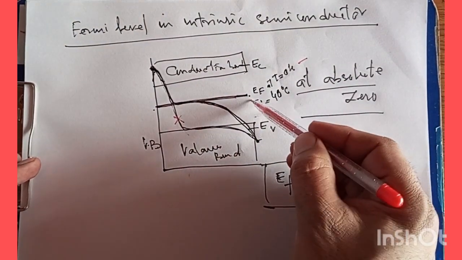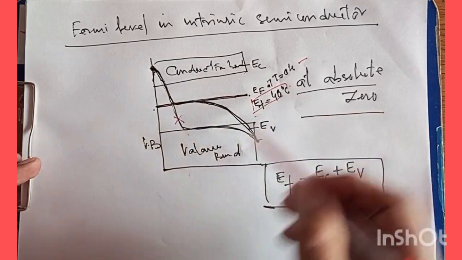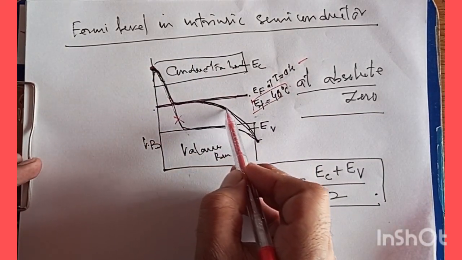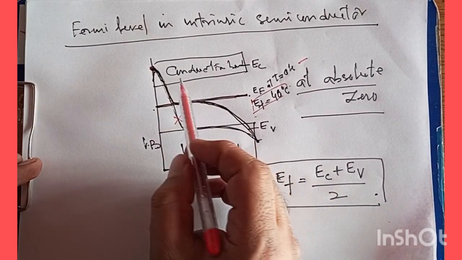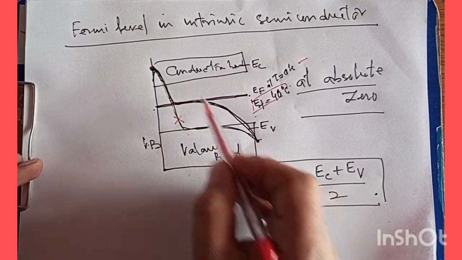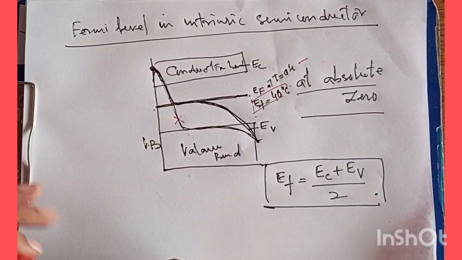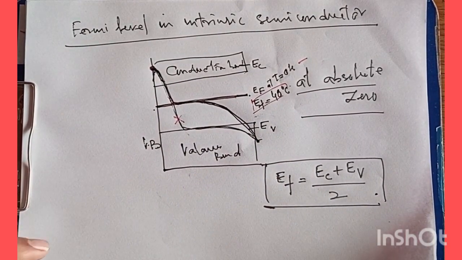But if we take the system to a temperature of 40 degrees Celsius, then we can see that we have the bending of this Fermi energy, and you have electrons in the conduction band, and an equal number of holes will be generated at the valence band.